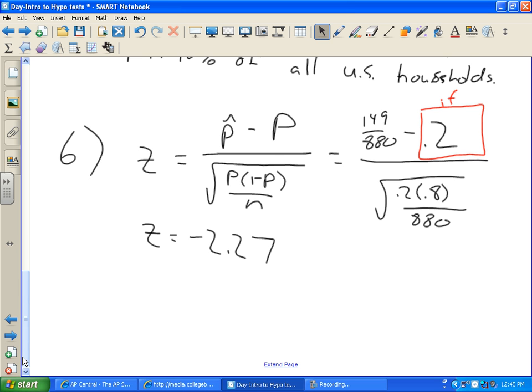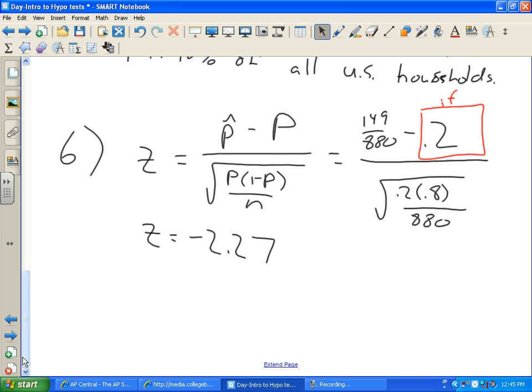In other words, if 0.2 is true, me reaching in and sampling 880 households and getting this value says I am negative 2.27 standard deviations below what you guys hypothesized to be true. That is a large way away, isn't it?